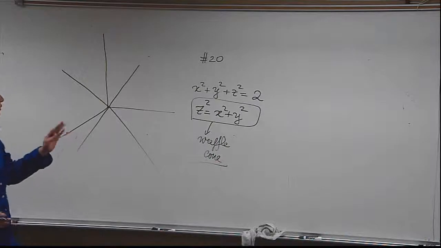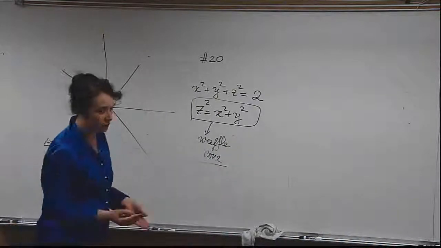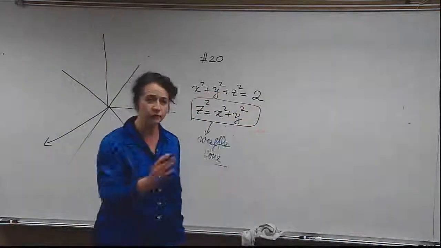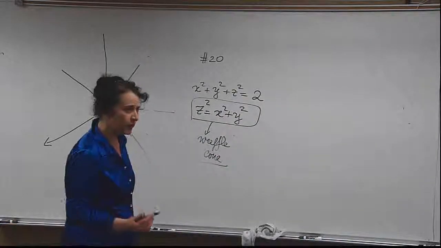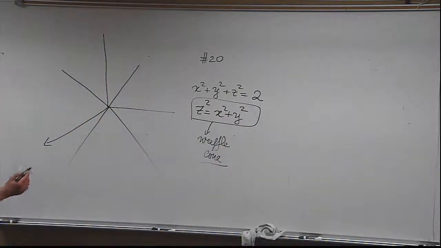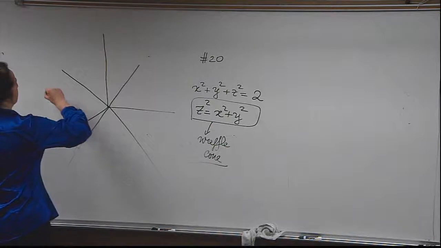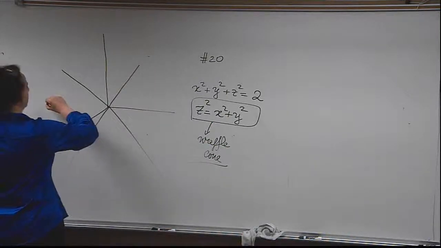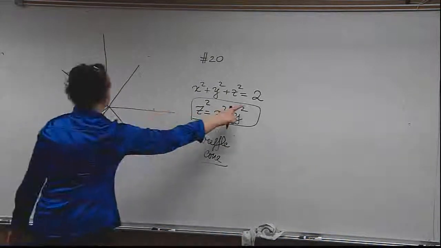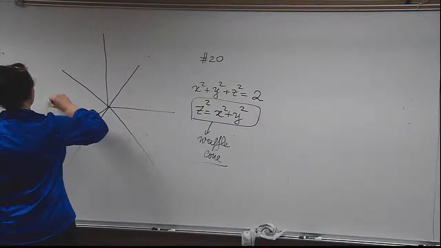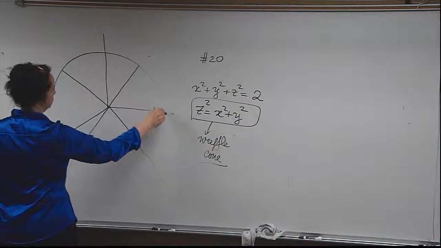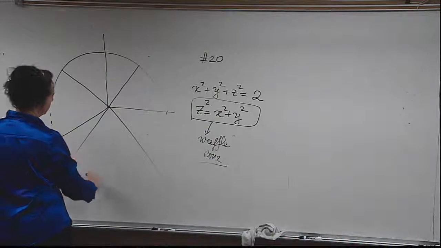My problem is to intersect this cone with the sphere and make it finite. So to make it a true waffle cone, I would have to draw the sphere of what radius? Root 2. I'll try to draw a sphere of radius root 2, but I cannot predict the results.